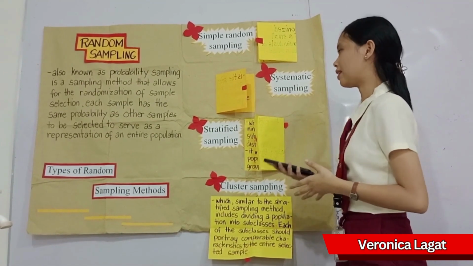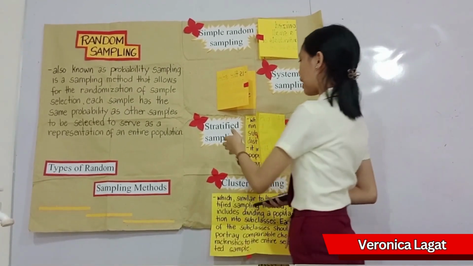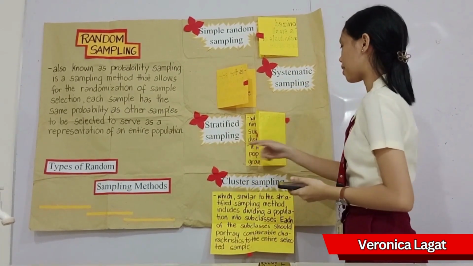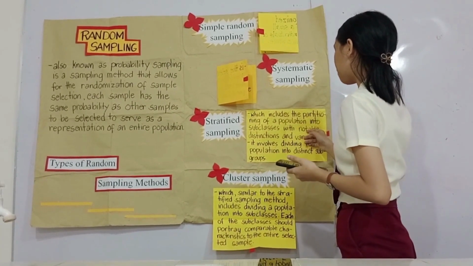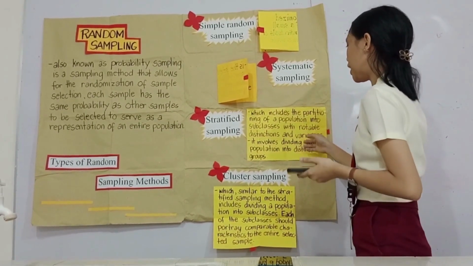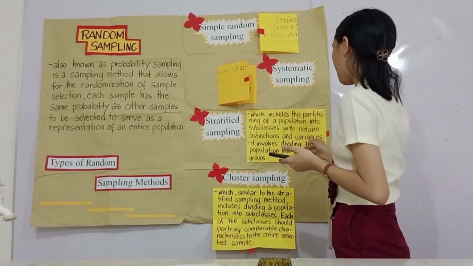Now, let's proceed to the other types of random sampling. The third is stratified sampling, which includes the partitioning of the population into subclasses with notable distinctions and variances.